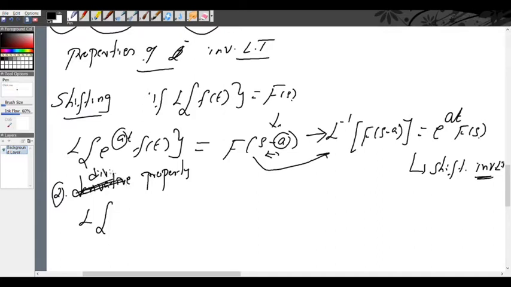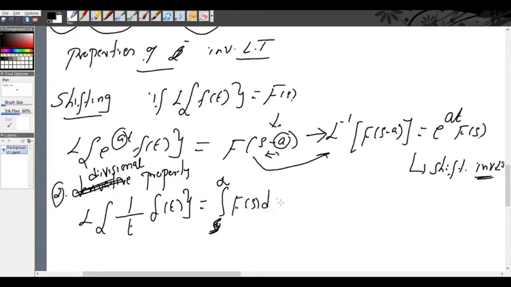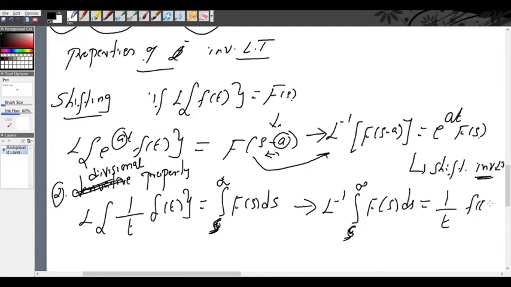The Laplace transform of 1 by t f of t is, in the s domain, as per the formula we saw, the integration with limits s to infinity of F of s ds. So in the inverse Laplace transform, L inverse of the integral from s to infinity of F of s ds gives me 1 by t f of t.